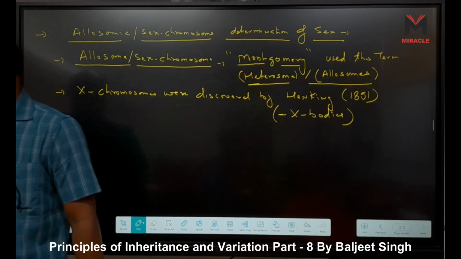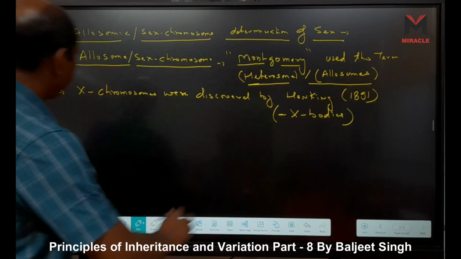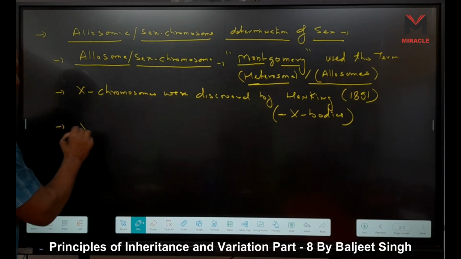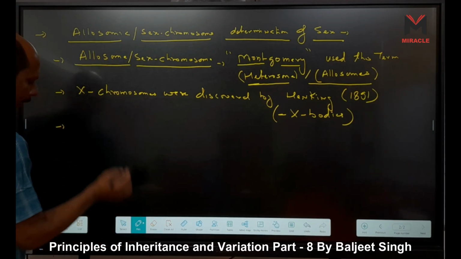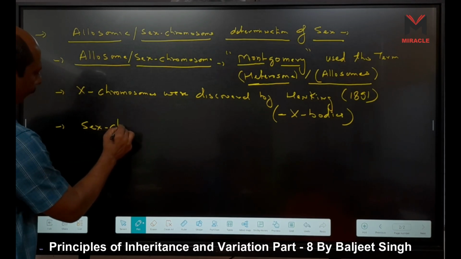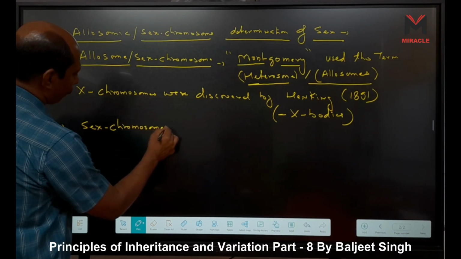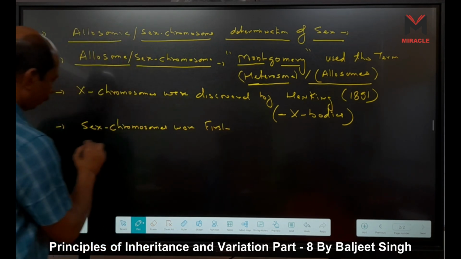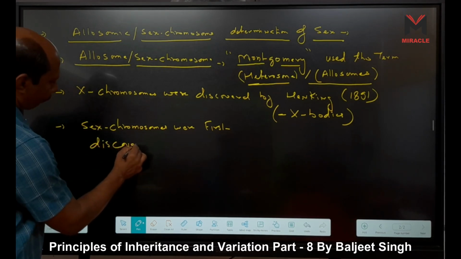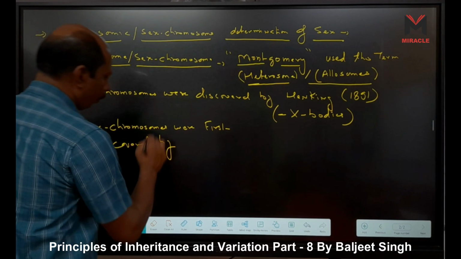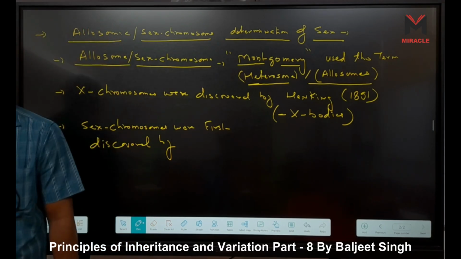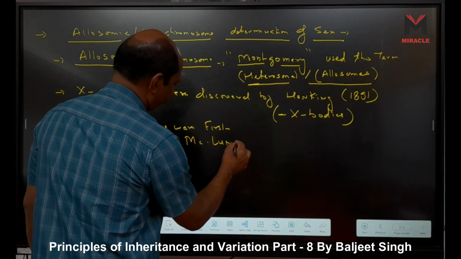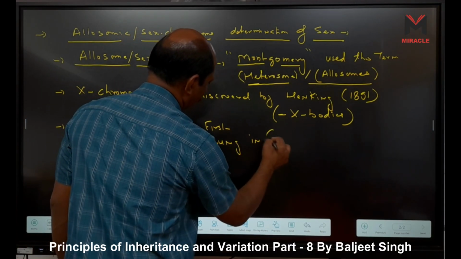Next, who first discovered the sex chromosomes? Sex chromosomes were first discovered by McClung in grasshopper.